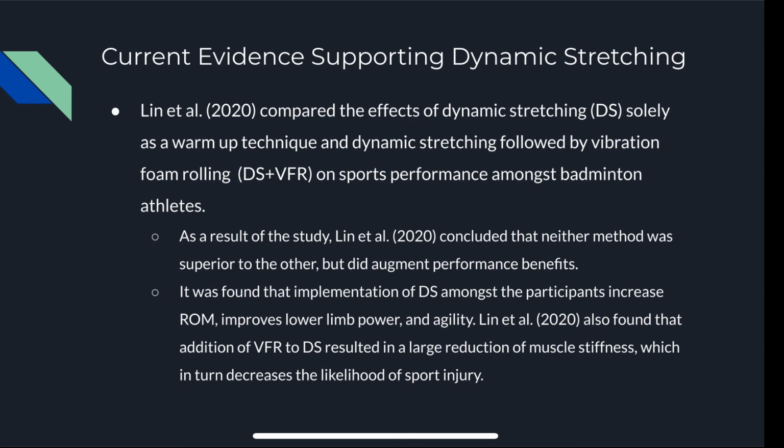It was found that implementation of dynamic stretching amongst the participants increased range of motion, improved lower limb power, and agility. Lin et al. 2020 also found that addition of vibration foam rolling to dynamic stretching resulted in a large reduction of muscle stiffness, which in turn decreases the likelihood of sport injury.